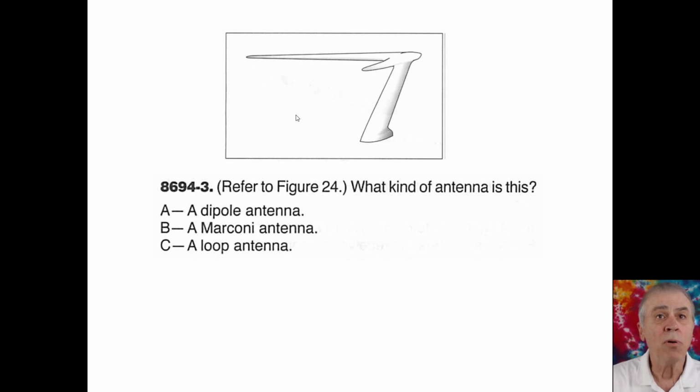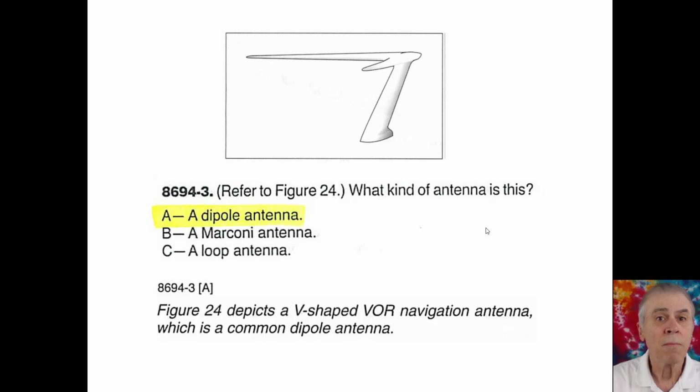Or is it a dipole? Well, you can see two, in effect, extensions of the antenna. So I'm going to go with the dipole. It's a V-shaped VOR navigation antenna, which is a common dipole antenna.